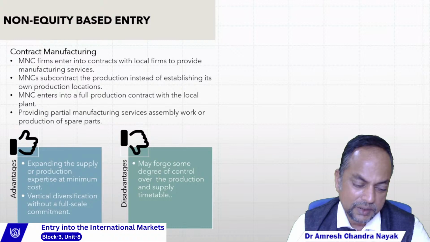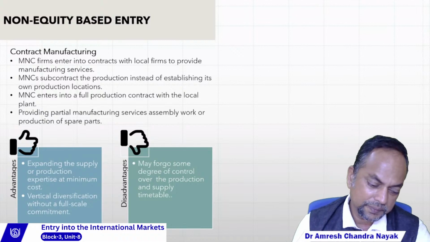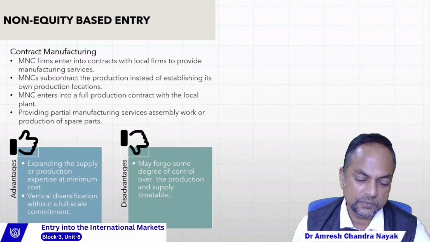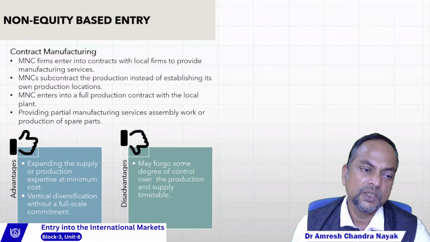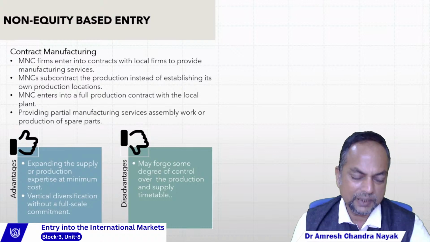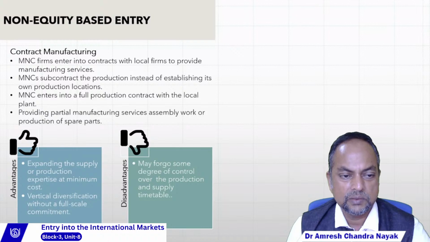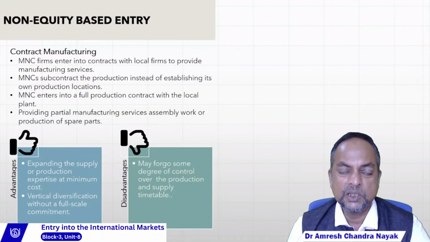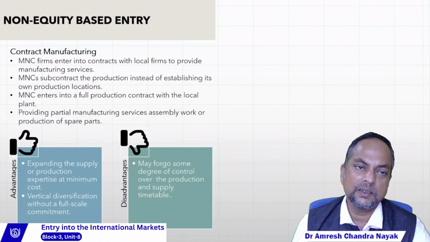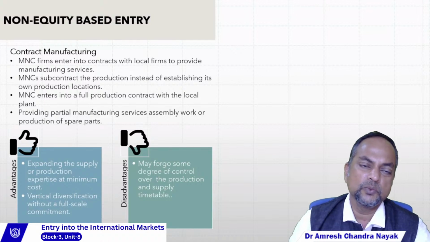Advantages, what are the basic advantages over here? Like expanding the supply of this production process, because I am in a growth phase, no? So that is why I need to produce more and more.